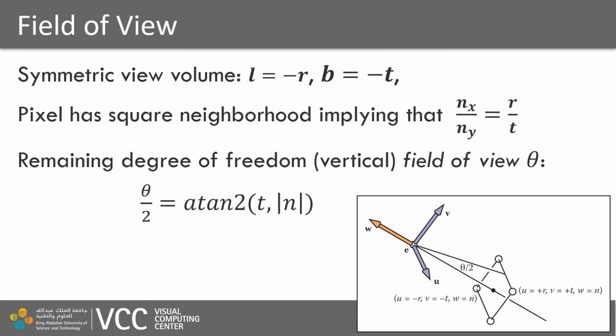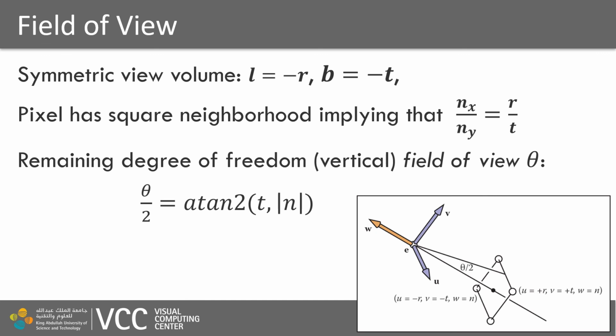One typical example scenario we will be dealing with is a camera setting which has a symmetric view volume. This means that from the center of the camera, we will have the same distance to the left as to the right, and the same distance to the bottom as to the top.